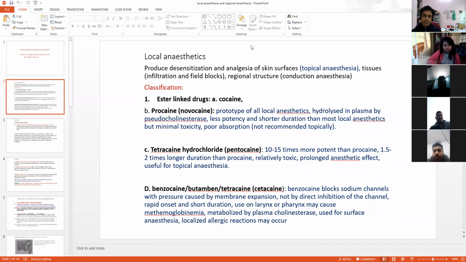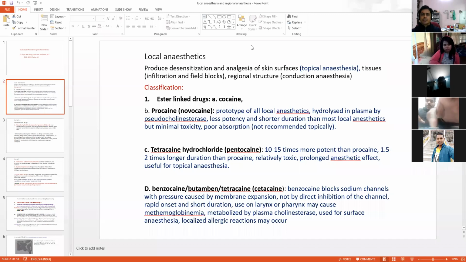Local anesthesia produces desensitization and analgesia of the skin surface. If you are using local anesthetic to desensitize a mucous membrane, like applying topically over the vaginal mucous membrane at the time of catheterization, topical anesthesia is used.